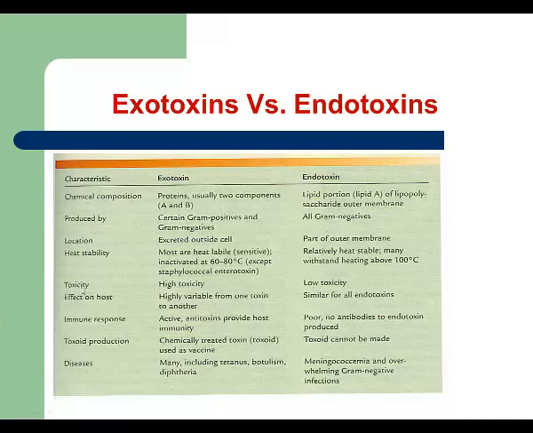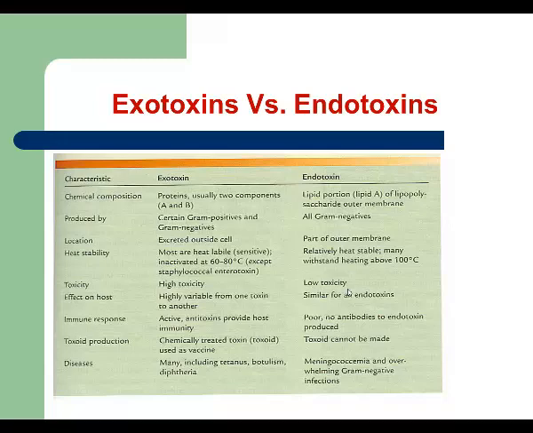Next characteristic, toxicity. Please remember, exotoxins are very strong toxins. They have high toxicity. On the other hand, endotoxin is not as strong as exotoxin. It has low toxicity, but you have to remember, if your patient has a bacterial infection caused by gram-negative bacteria, you have to be very careful with the doses of antibacterials that you're going to use for treatment.